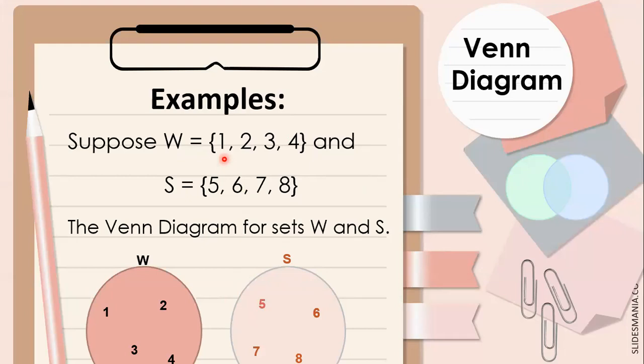Wala silang similarities, in short, walang number or elements na magkapareho yung dalawang set. Si 1, 2, 3, 4, wala naman siyang kamukha dun sa 5, 6, 7, and 8 and vice versa. That's why separated yung ating circles. Okay? So, ganyan yung magiging itsura ng ating Venn diagram kung wala namang elements dun sa set ang magkapareho.